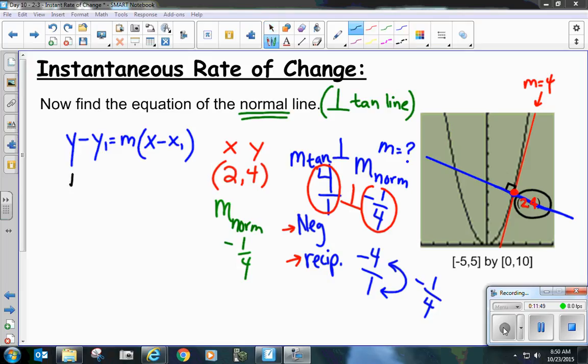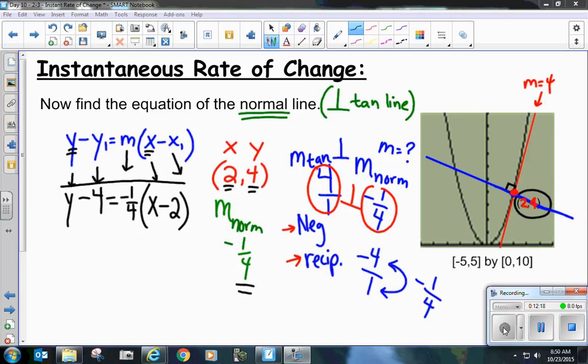We keep our y, because we always need a y and an x in our function for a line, minus, what's my y coordinate? Still 4, equals, what's the slope of the normal line? Negative 1 over 4, times, I keep my x, I always need an x, minus my x coordinate.